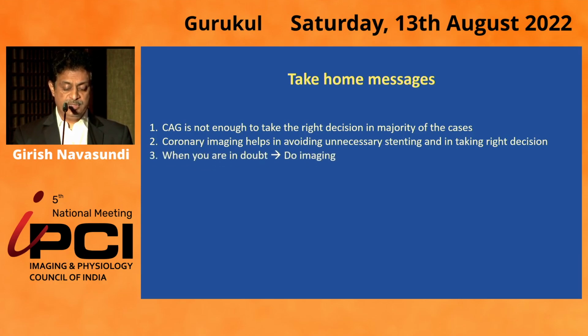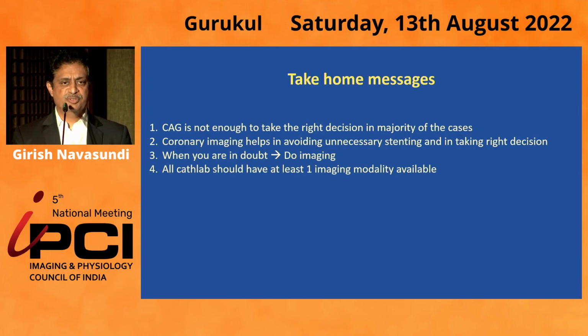Third, when you are in doubt, do imaging. It adds a lot of clarity knowing what is the pathophysiology, what is the kind of stent, whether you need high pressure, low pressure, what should be the plaque modification, would you need a cutting balloon, rotablation, OPN, or even a lithotripsy balloon. And all cath labs should have at least one imaging modality as we progress.